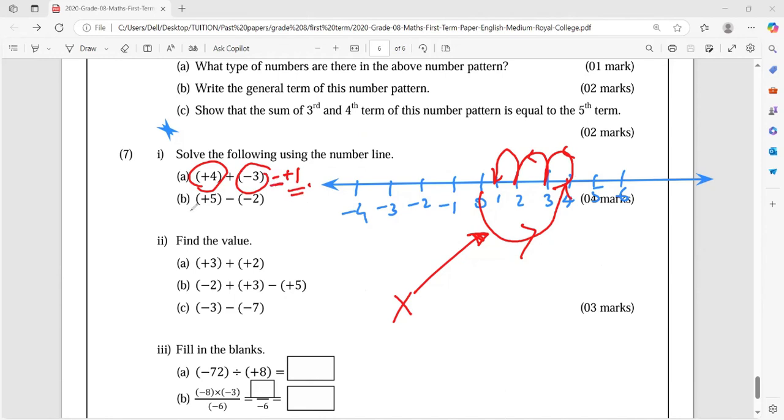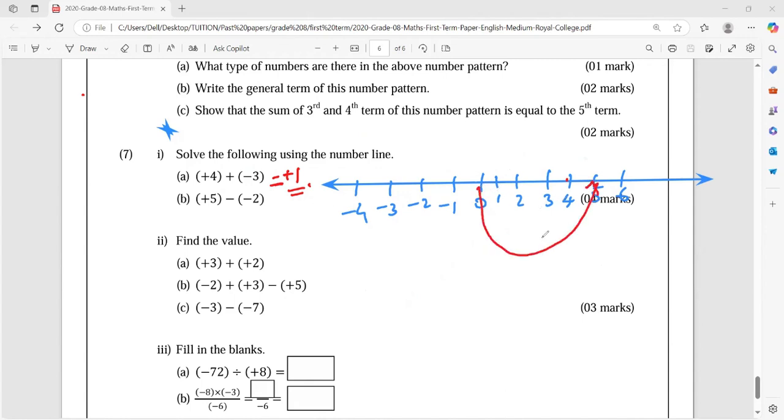Okay. And then here you have minus plus 5. Let's go to the second one, that means part B. Then plus 5. You have to start at plus 5. Let's go to the plus 5 point.